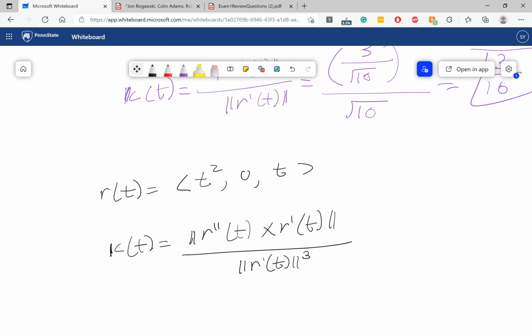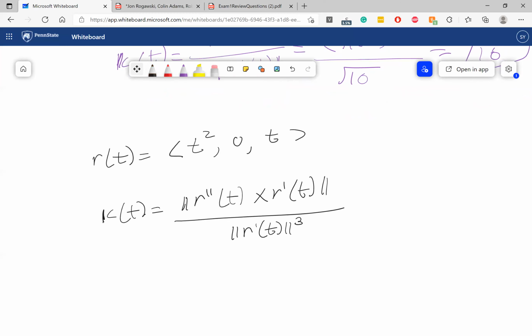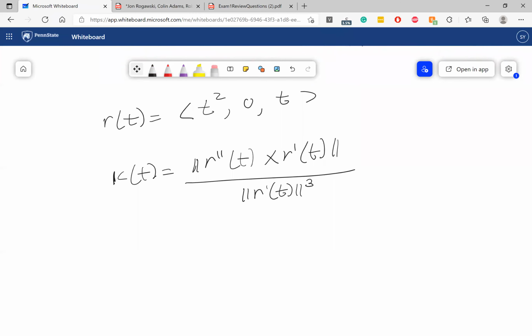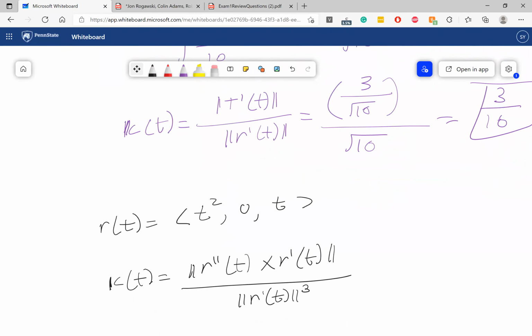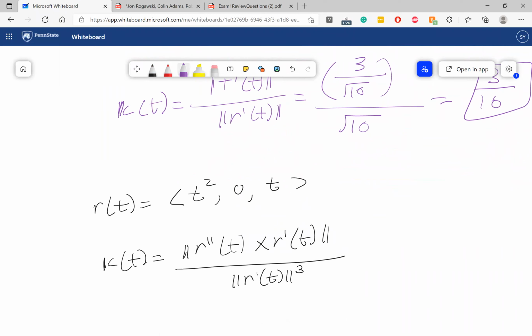So the first thing that we need to do is find r double prime of t and r prime of t. Let me just write example 2 here.